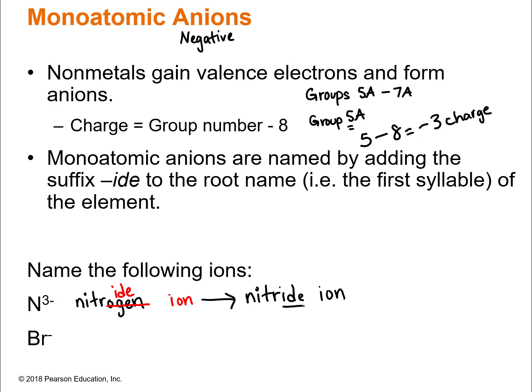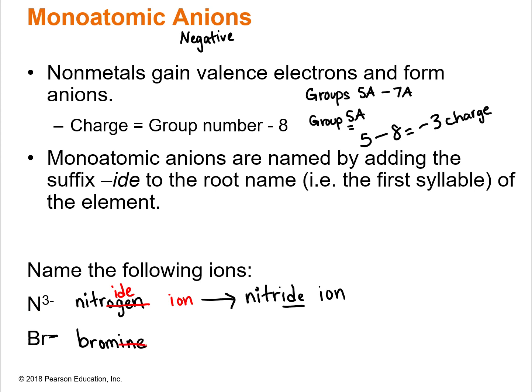I'll show you that again. Br minus, which might be a little bit hard to see, but that's a minus sign. Br is bromine. That's the element name. We want the first syllable, so brom.